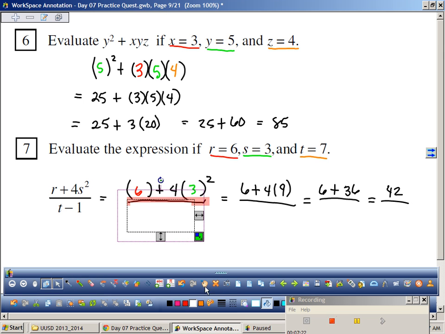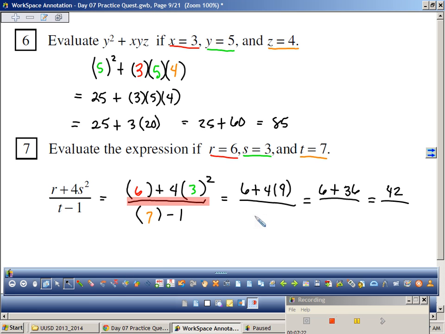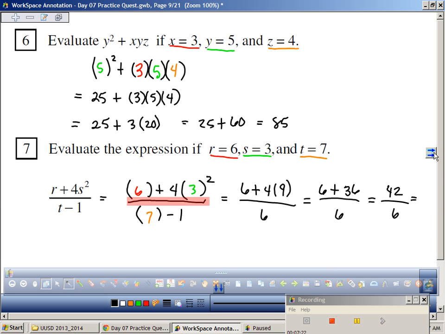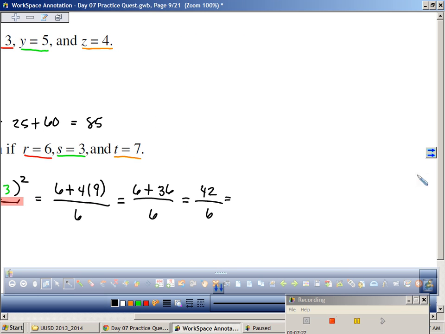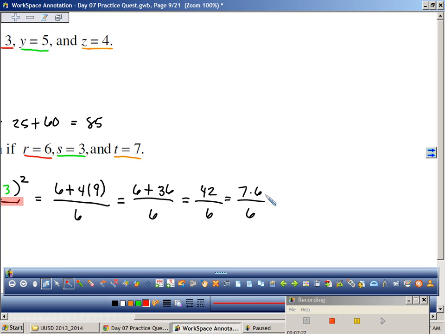Now let's uncover that denominator. 7 minus 1 is 6. And don't get too upset with me, but 42 is 7 times 6 over 6. Okay? I'm going to do this over and over and over again. I always get that reaction, every class.